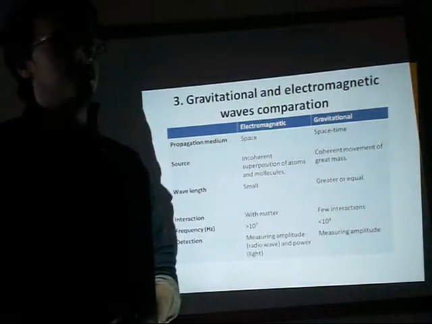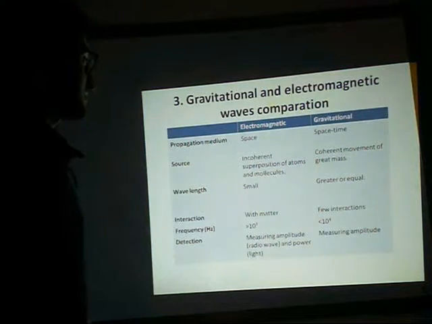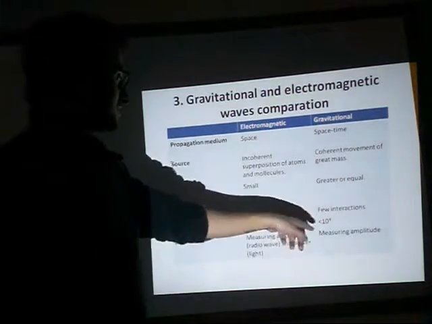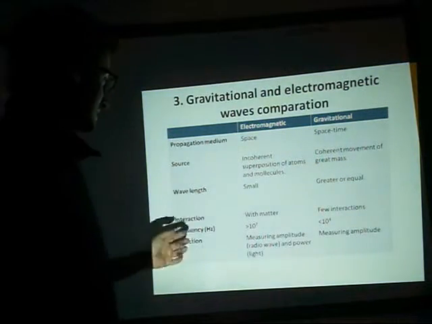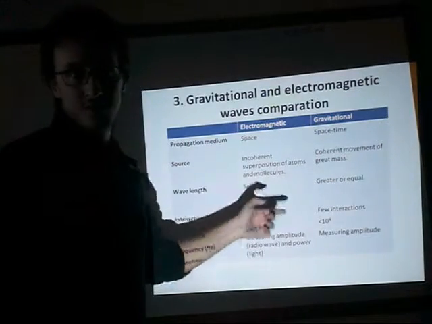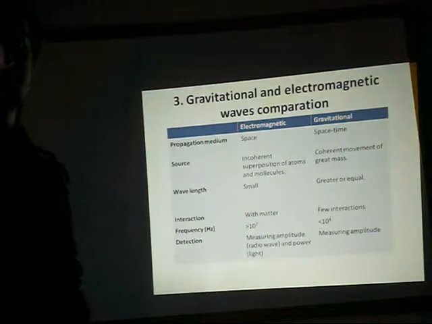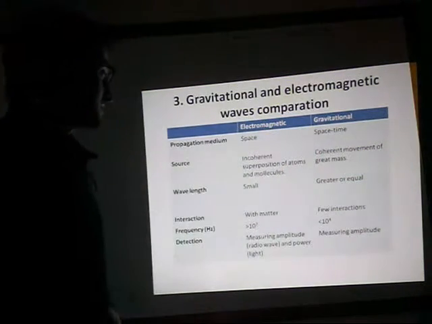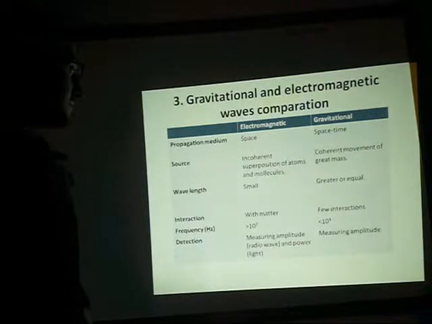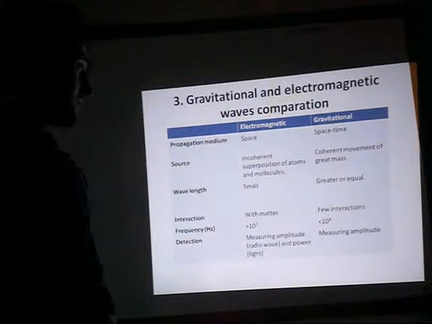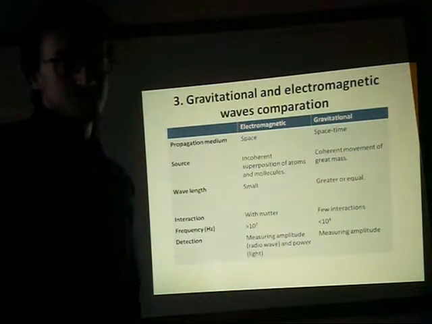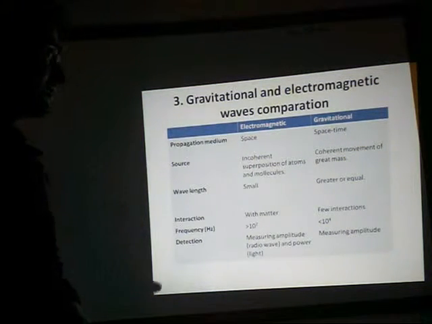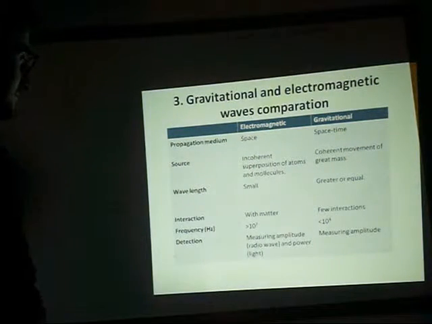Normally the wavelength is greater than the wavelength in electromagnetics because the frequency is lower. Regarding the interaction, electromagnetic waves interact with matter. Gravitational waves practically don't interfere with anything, because the wavelength is so high that they practically do not interact with matter.